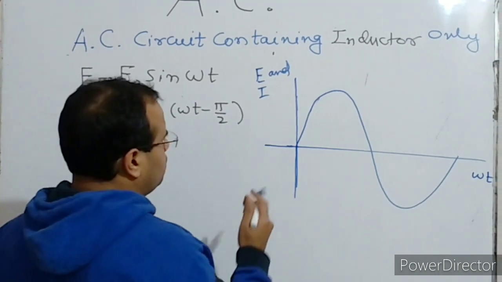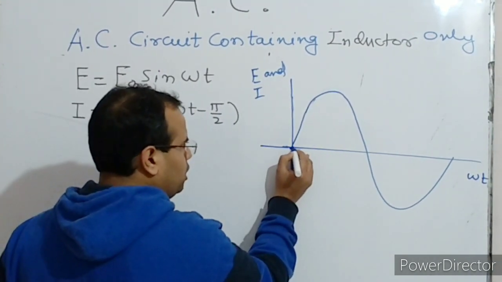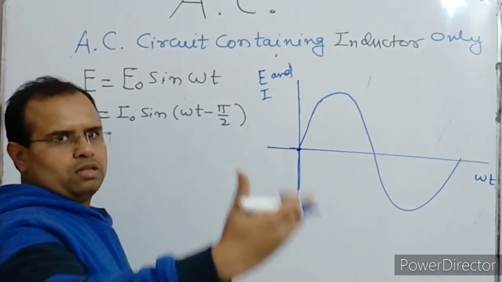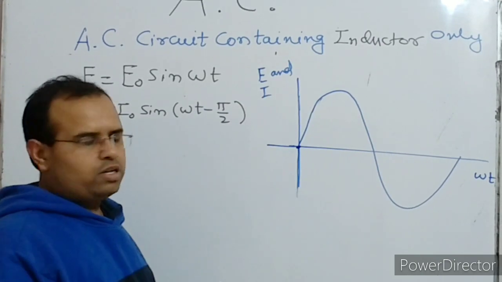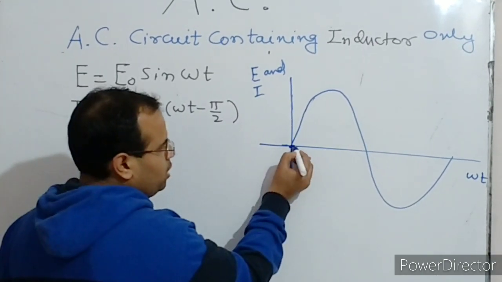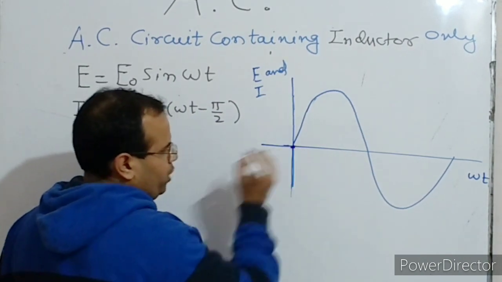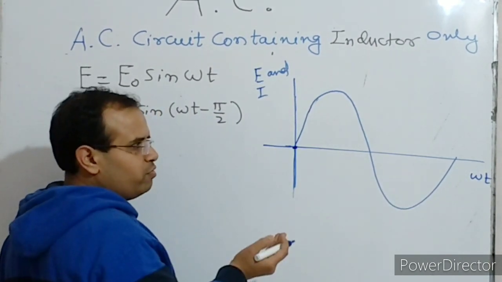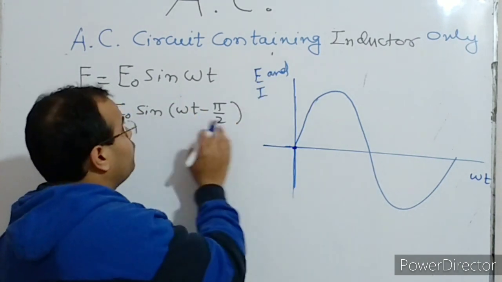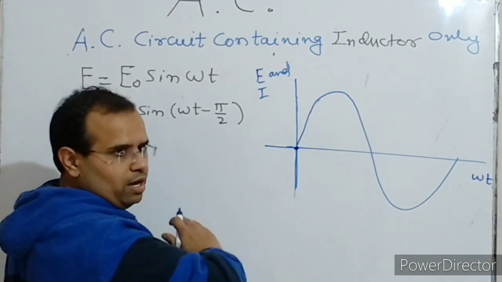It means that the current will gain the values that EMF gets after a pi by 2 angle. Suppose at this particular point, the value of current would be that value which EMF got pi by 2 angle earlier.